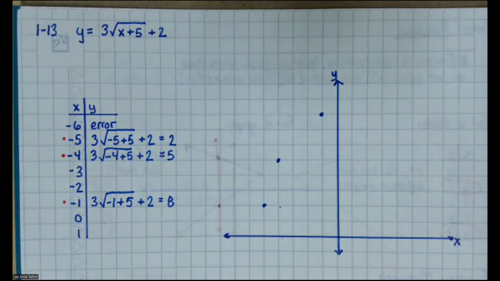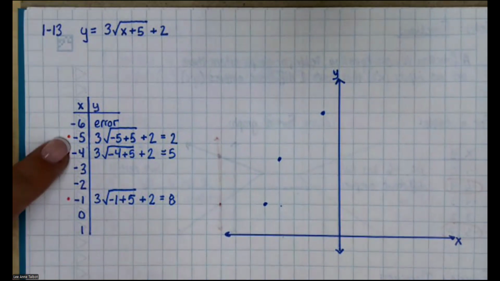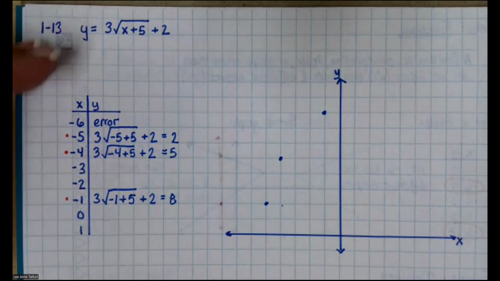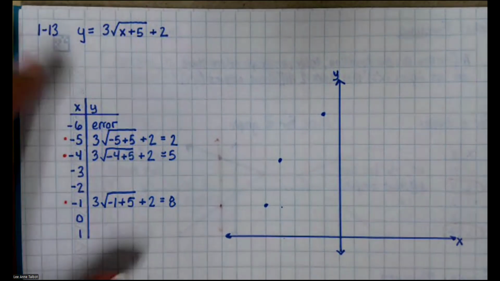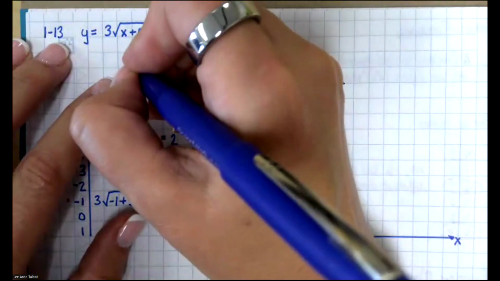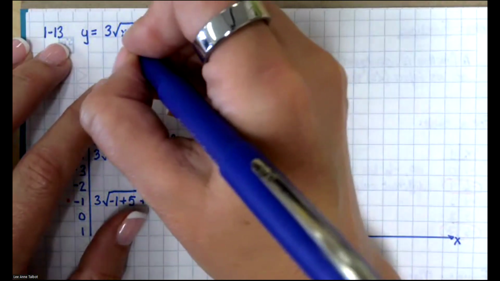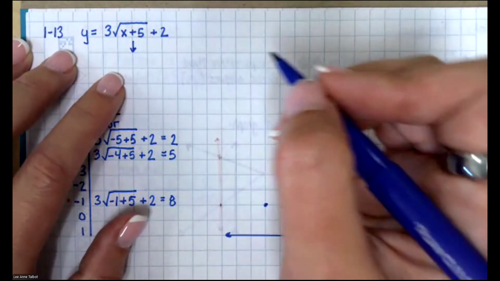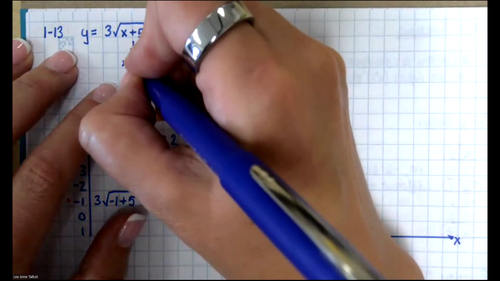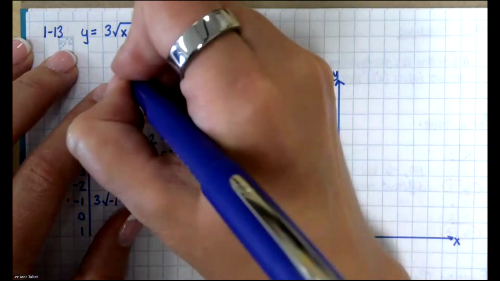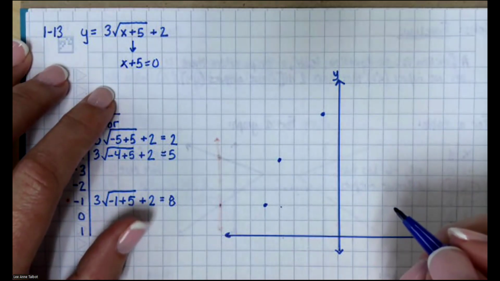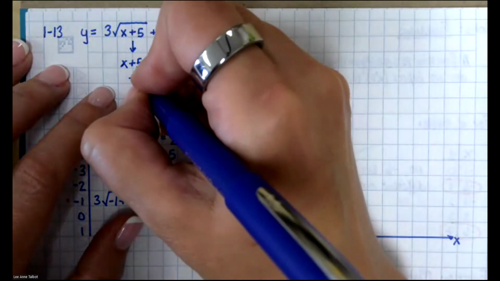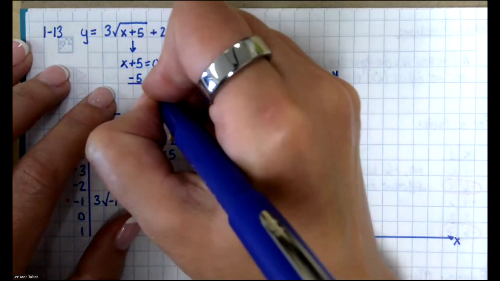Okay, how can you figure out where the first part of your table should start? How can you figure out the -5 without guessing and checking? What you do is you take this piece underneath the square root, that's called the argument, and set it equal to 0, just like we did on the zero product property.